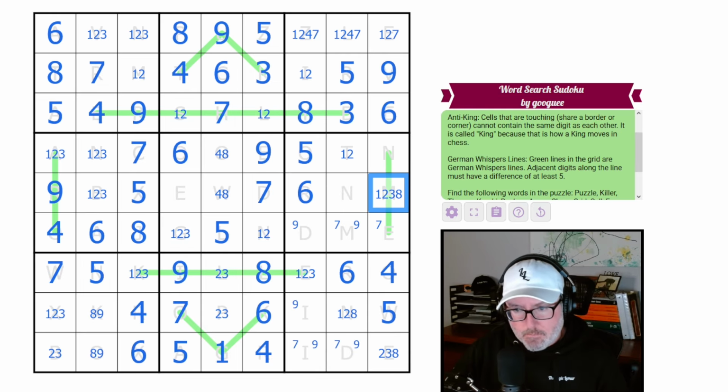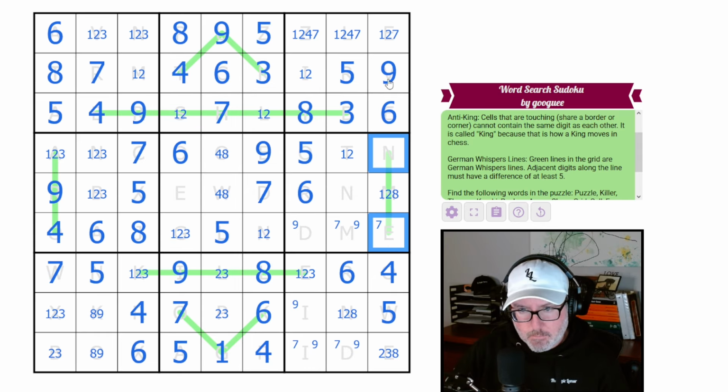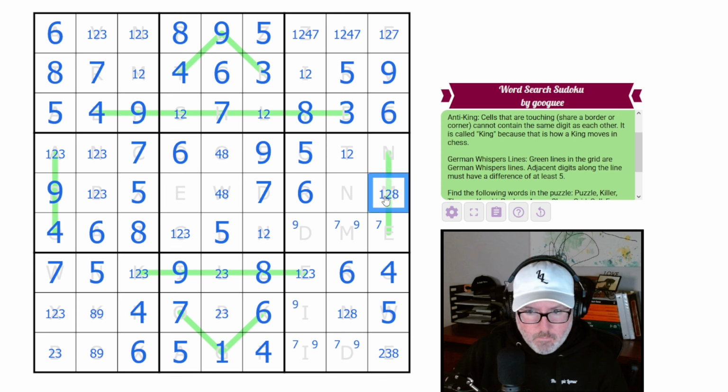You can't be a 3, because you'd have to do an 8-9 pair. We can't. 2 could work if this was a 7-8. 1 could work if this was a 7-8. And then 8. I think it would have to be like a 1-3 or a 2-3 to not break this guy.